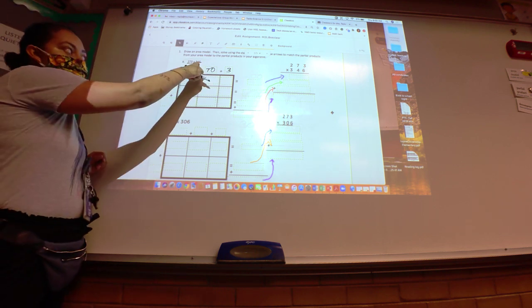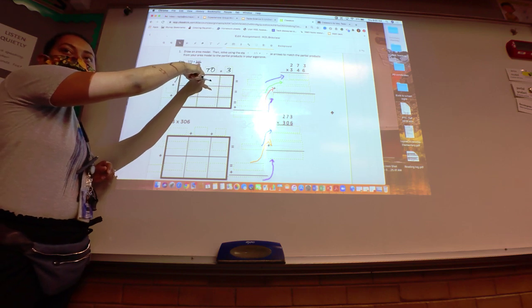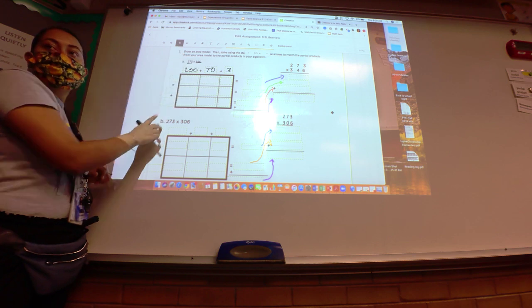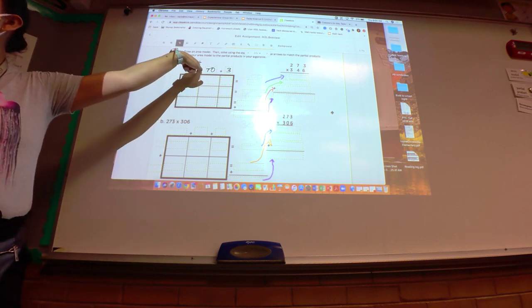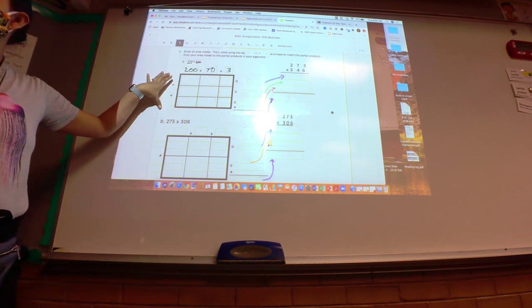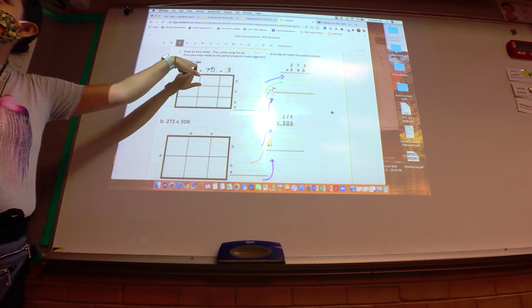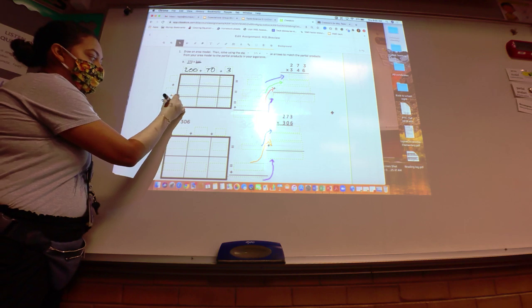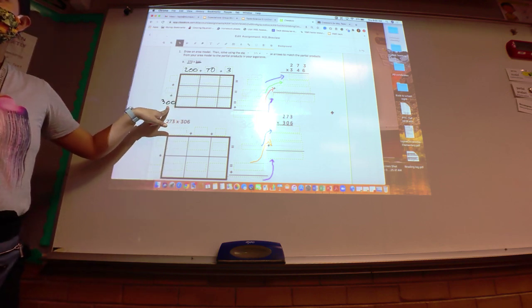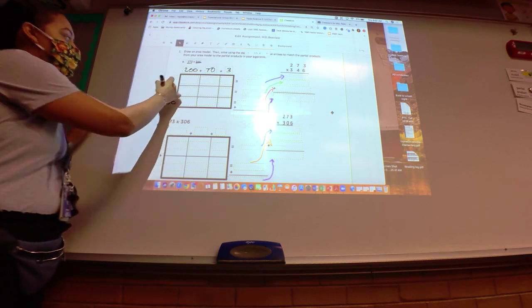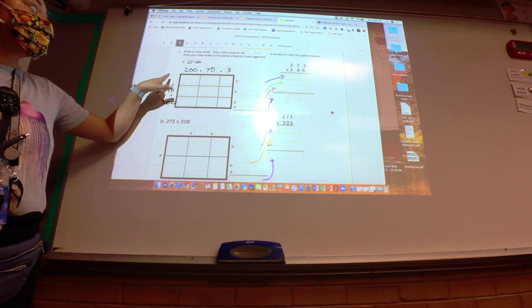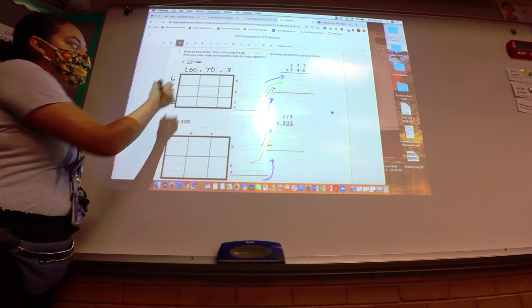Now our second factor, 346. You're going to line up 346 in units on the left side. The biggest unit, the 300, goes all the way on the bottom. So we would have 300 there, plus 40 there, plus 6 right there.